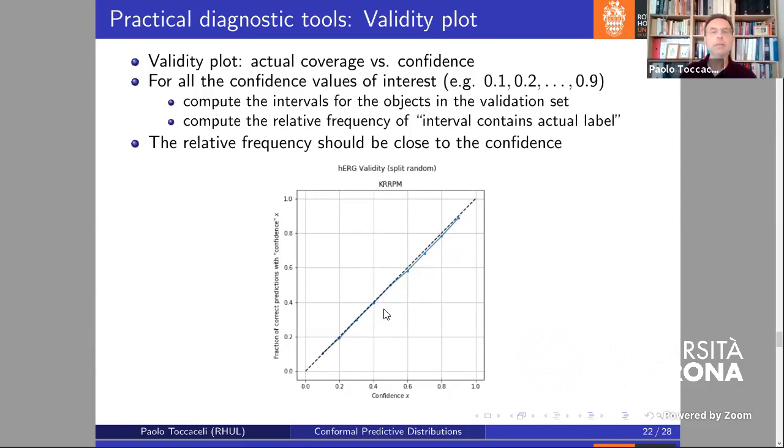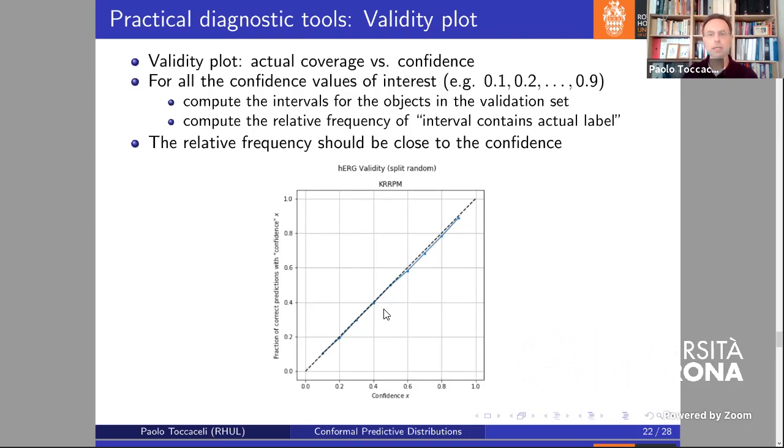And the one I have here is the validity plot. And basically we are showing the actual coverage versus the confidence. We set a confidence level, we compute the intervals for the objects in the validation set. We compute the relative frequency of the event that the interval contains the actual label, and we plot this value for different values of the confidence of interest.